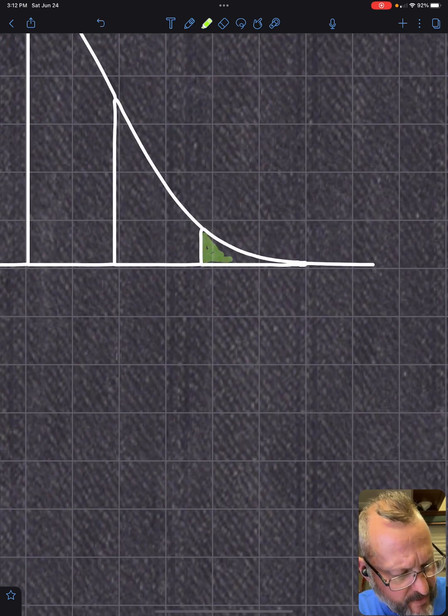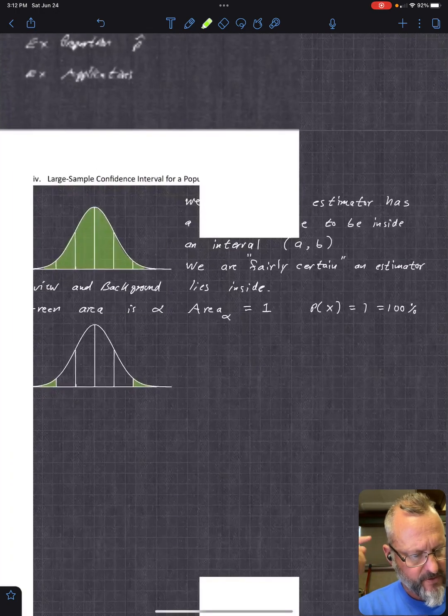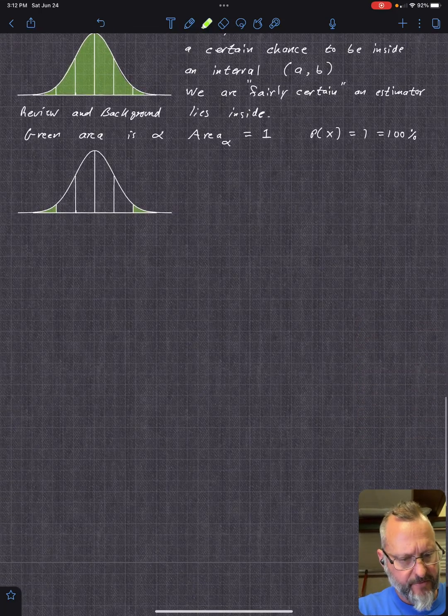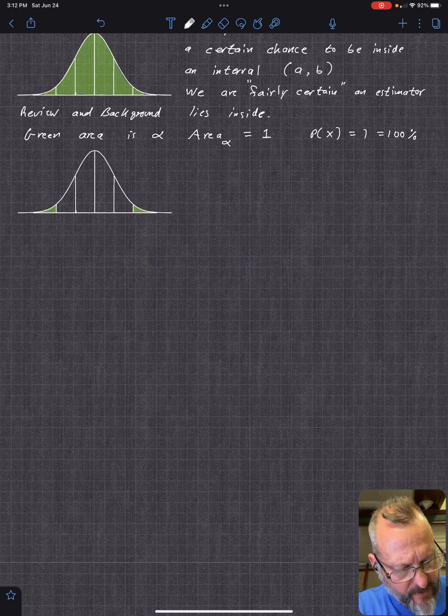So the total area of those tails we're going to call alpha, the sum of both of those is alpha.